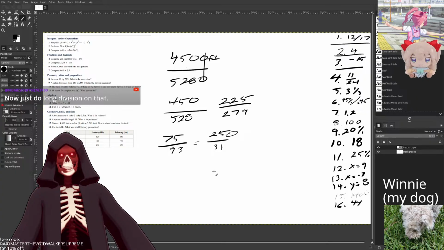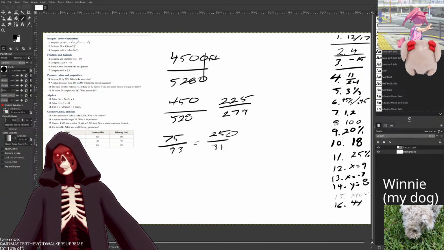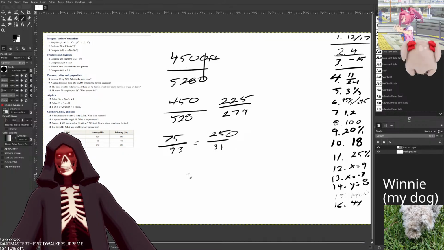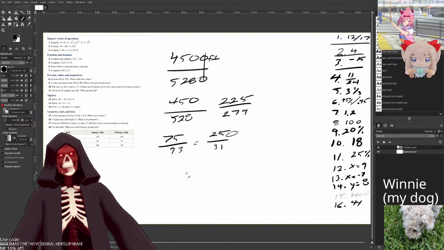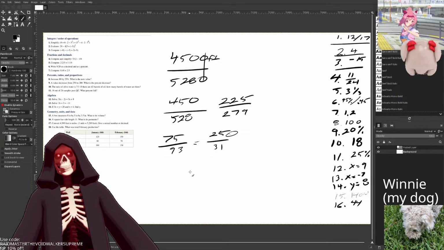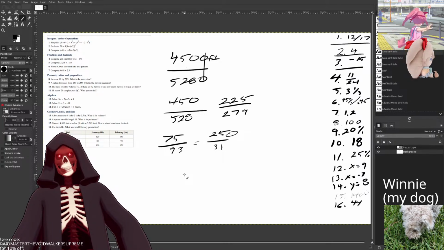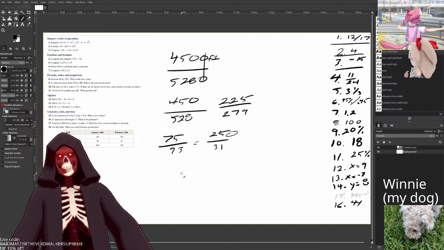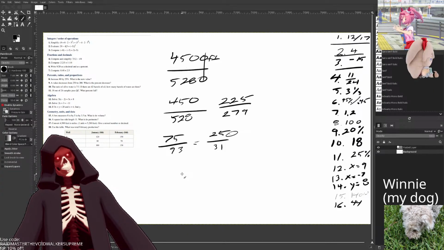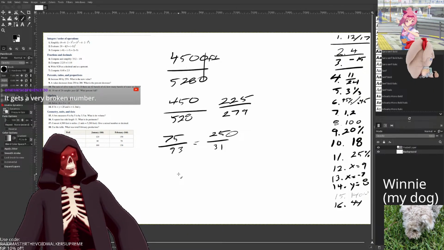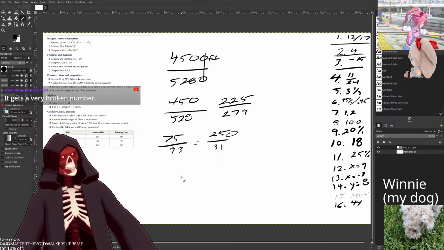No, that can't be right, because this is going to come out to a nice, consistent number. God, I haven't done this long division in so long. It gets a very broken number.